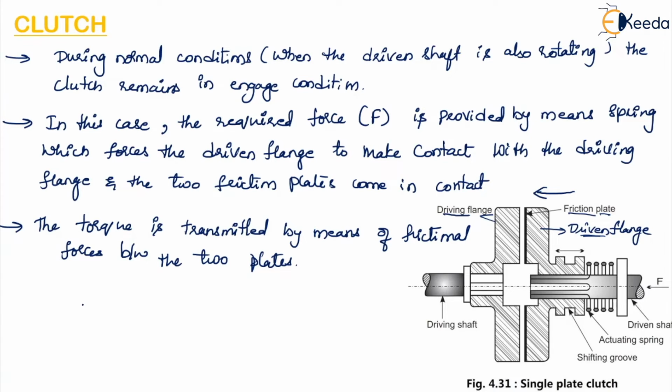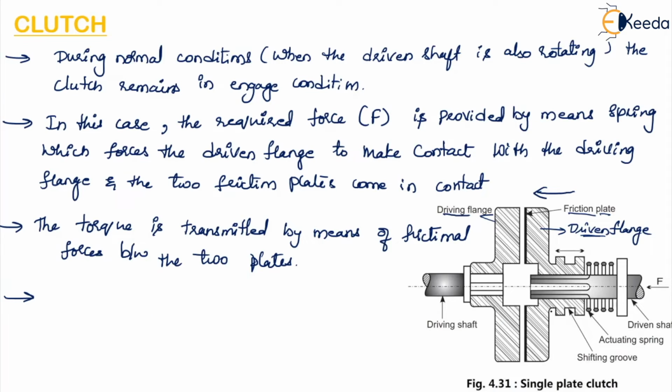So when we require disengagement, not the engagement of the plates or shafts, what we do is, when it is required to disengage the driven shaft, the axial force is released and the driven shaft moves along the axis and the friction plates are separated.